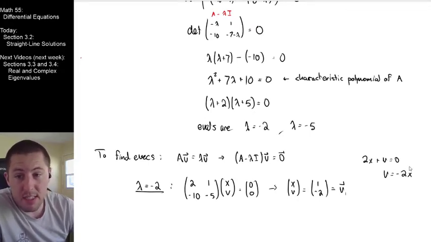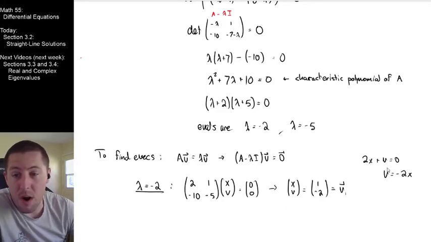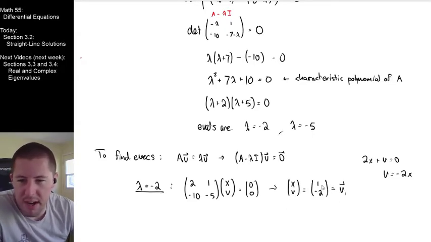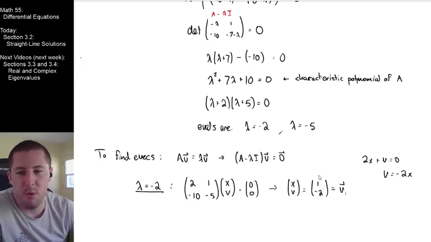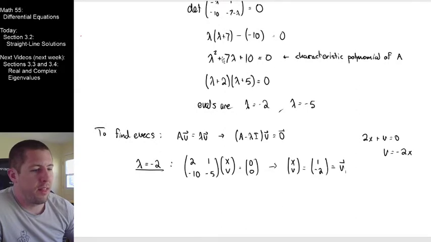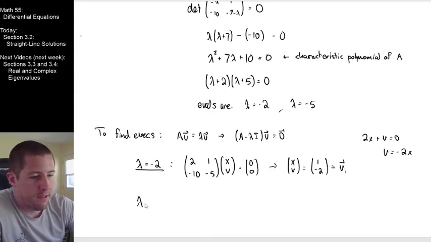And notice, since all constant multiples work, there's an infinite number of x, v values that work here. Any one of them is correct. It's not like there's one right one and one wrong one. I just very often like to have one of my two numbers be positive one if possible. And it's always possible, but it might make the other number gross, so then I avoid it. In any event, we'll see more examples where I waffle around on what I'd like these to be, but it doesn't really matter. So let's do this again right here with lambda equals -5.